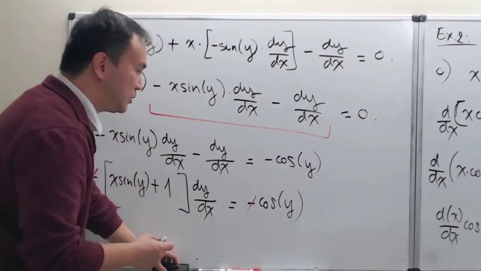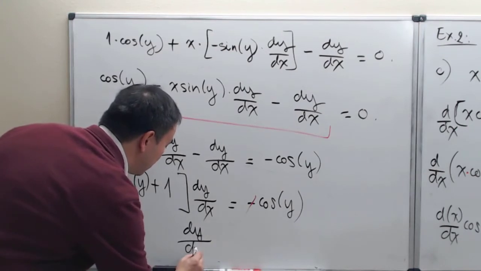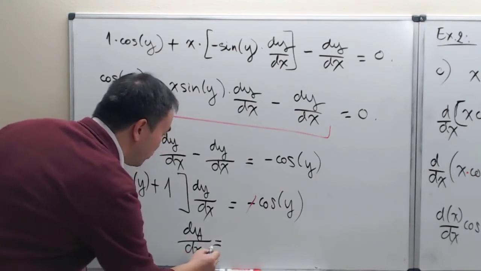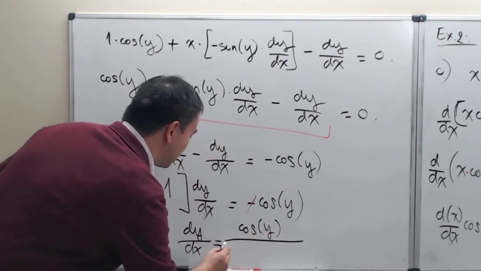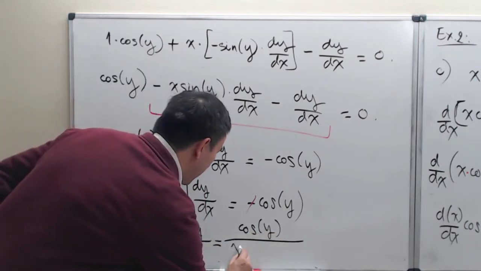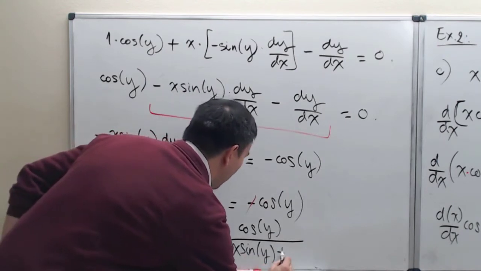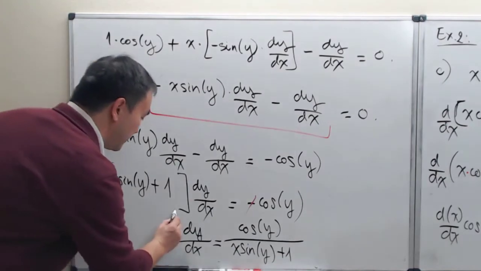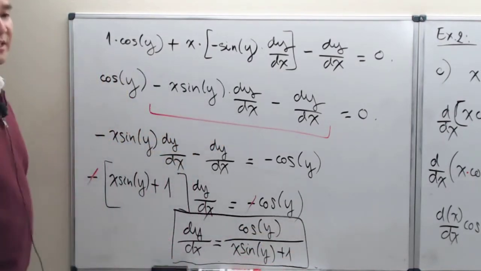So dy dx is going to equal cosine of y all over x times sine of y plus 1. And this is, ladies and gentlemen, our final answer.